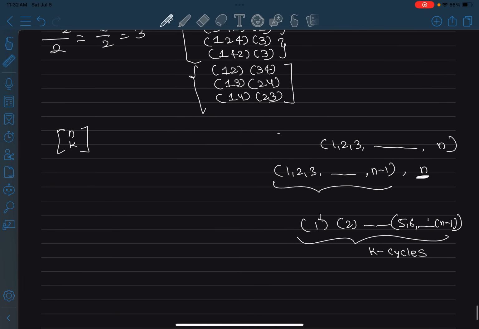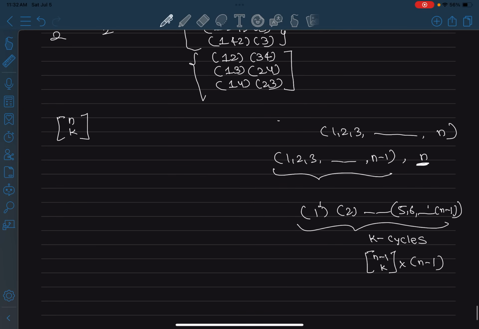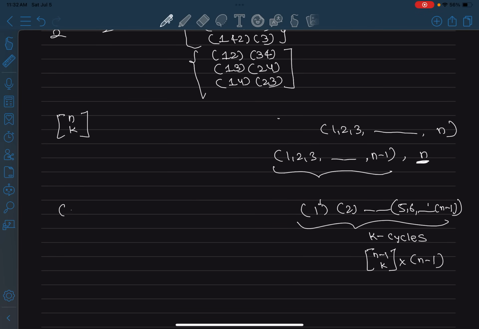So in this way, for n minus 1 elements making k cycles, I still have n minus 1 ways to add it in there and make a new permutation, and that would basically give me k cycles with n elements, right? Another case: let's say I had n minus 1 elements and there were just k minus 1 cycles over here.